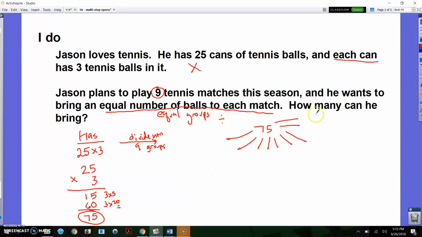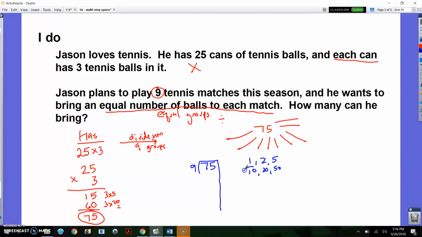So that's division. I think I will use the partial quotients method here. So I'm going to do 75 tennis balls divided by 9 matches. Let's see, 9 times, I like to start with 1, 2, and 5, or 10, 20, and 50, something like that.